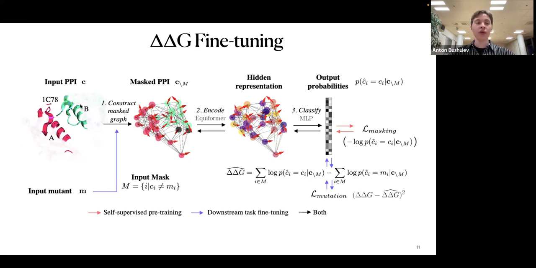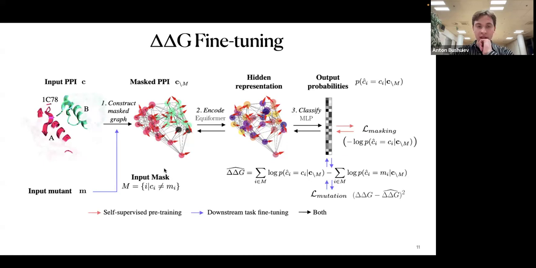So now on the input, we again have some 3D structure which describes the native interaction, but now we also have a mutant. So it stores the types of amino acids, but in the mutated structure. So compared to the original representation, some amino acids differ.